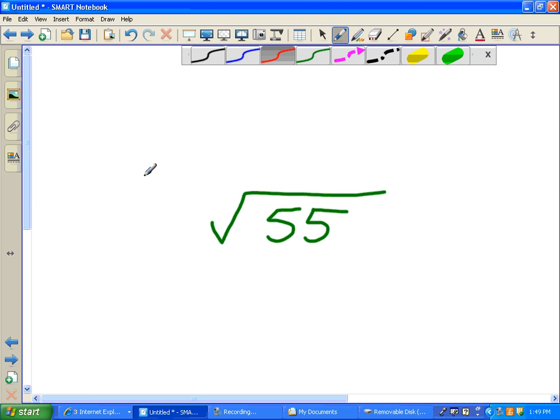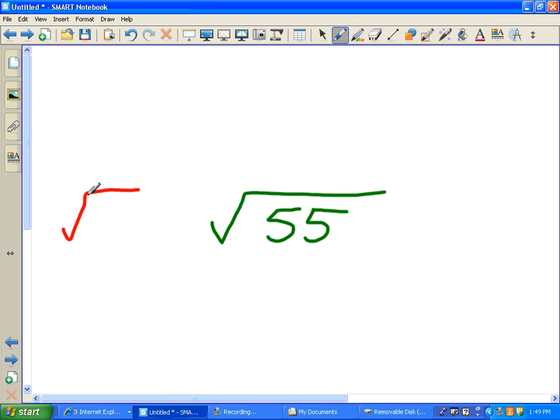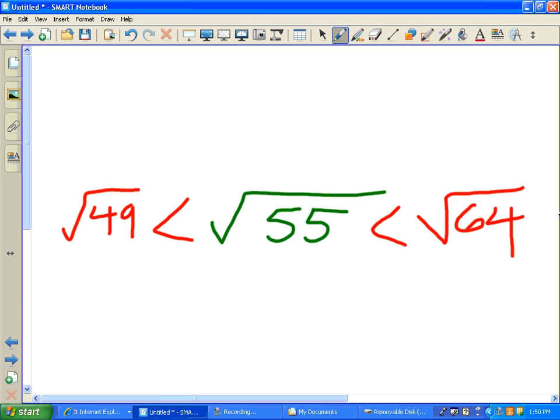So root 49 is less than it, but then root 64 is going to be greater than that. Now if I work out root 49 and I look back, 7 times 7 is 49. So the answer is 7.